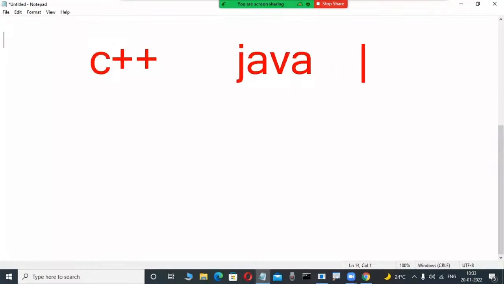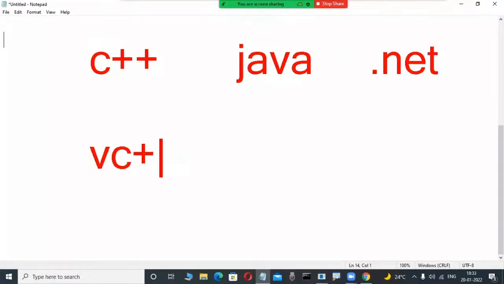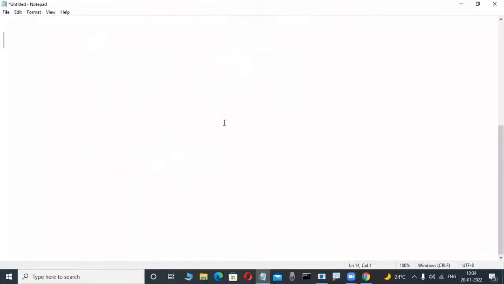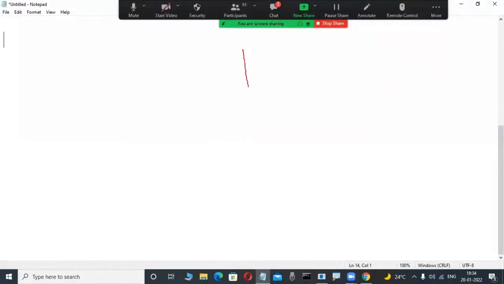C# .NET is an object-oriented language. VC++ is an object-oriented language. Suppose I take two languages as an example. The same similar concepts exist in them, and through that we observe whether these SQLs are different or the same.